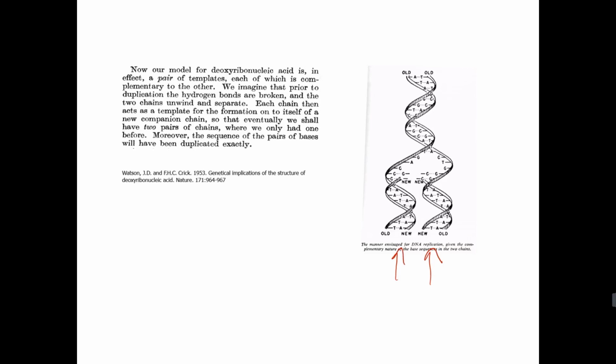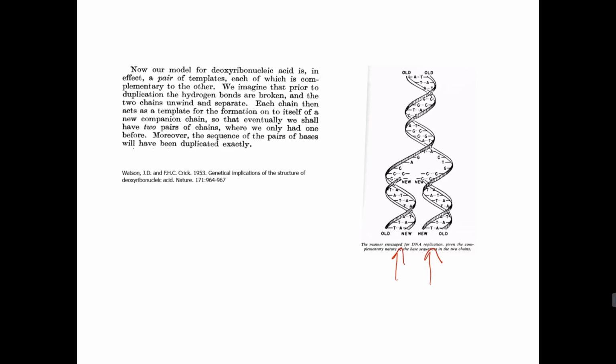So the question became, how do you copy them? Does synthesis go in two different directions? That's one question. Or do you have something weird going on that's in the same direction? When these chains are separated, are both strands copied at the same time? Is there coordination between the synthesis of this new strand and the synthesis of this one over here?